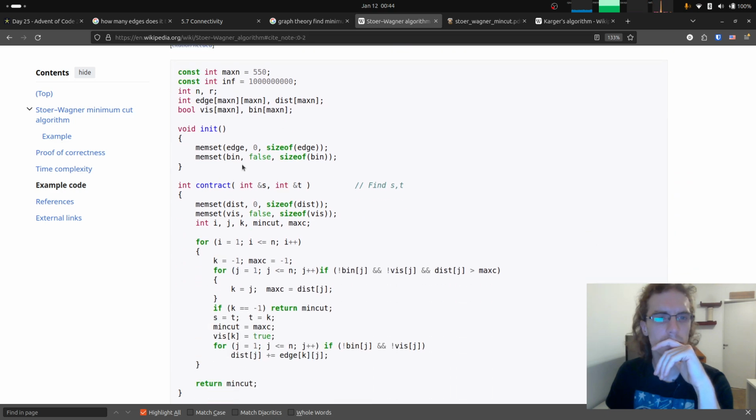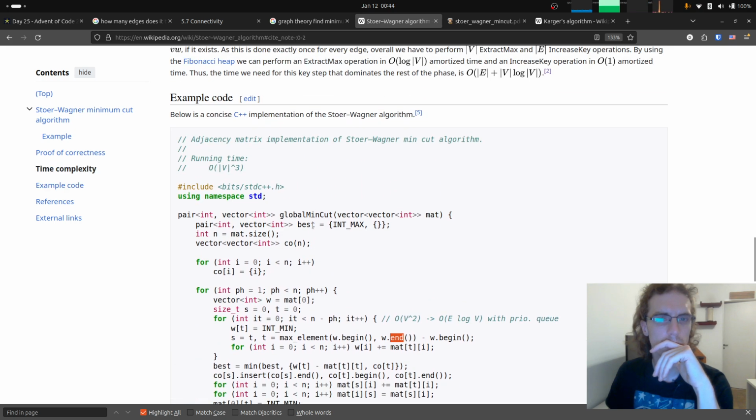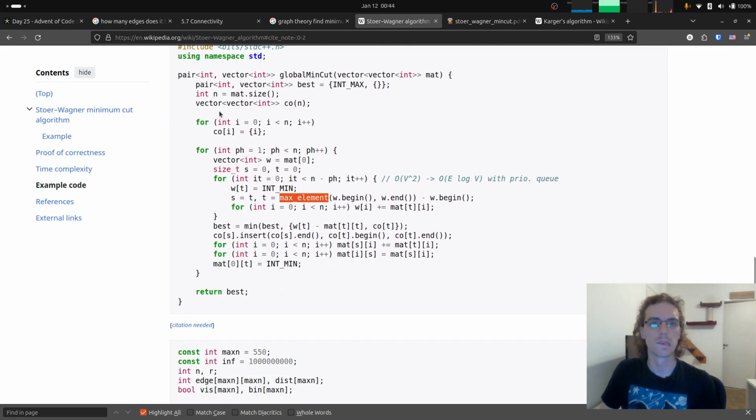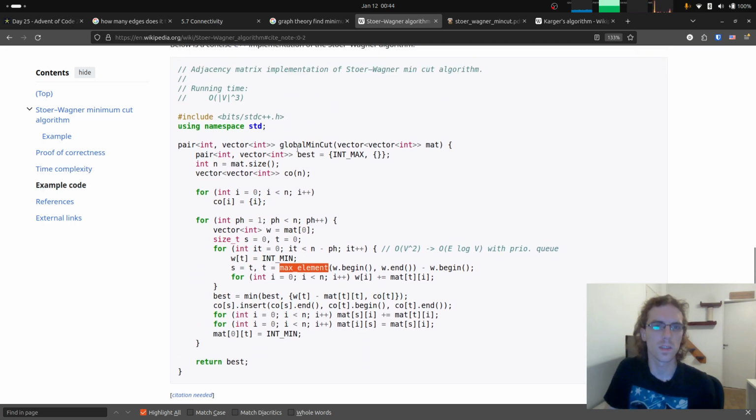And this max element, I guess, oh no, it's using the namespace std, so I guess max element belongs to the std namespace. Great.